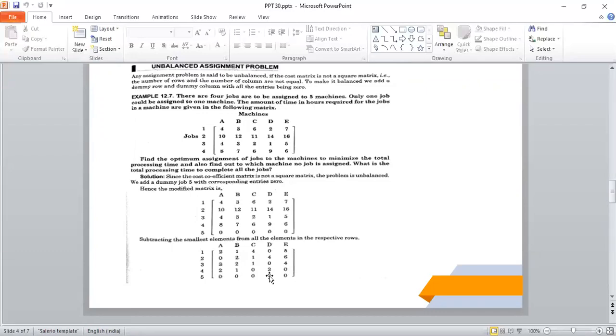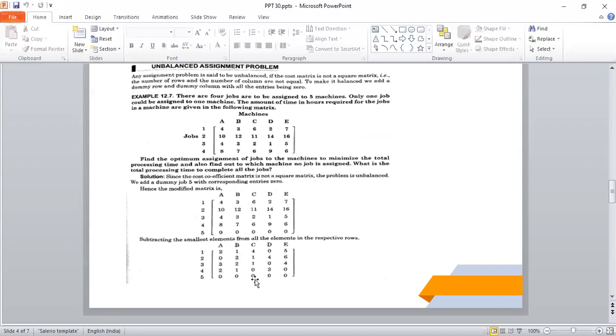Second stage is that we have to deduct the minimum cost from each element of each column. So see, this column has 0 as a minimum, so if we deduct 0, the value will remain the same. This row also has 0, so we deduct 0 from 1, 2, 3, 1 and 0, and it will remain the same.